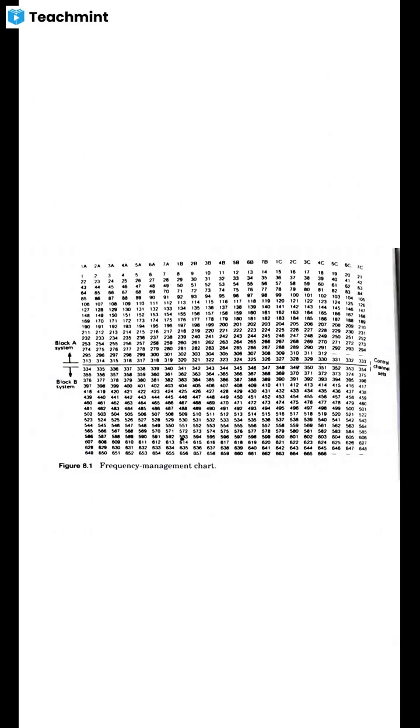This is the frequency management chart. In this chart, the first part is block A, and this is block B. In block A, as I told you, 1 to 312 are given for voice channels: 1, 2, 3, 4, and so on up to 312. And 313 to 333, the last row, are given for setup channels.